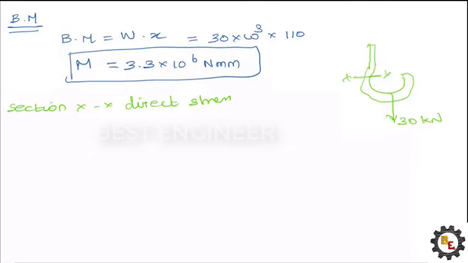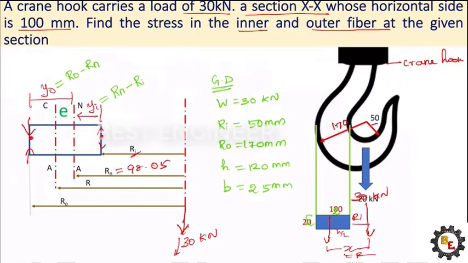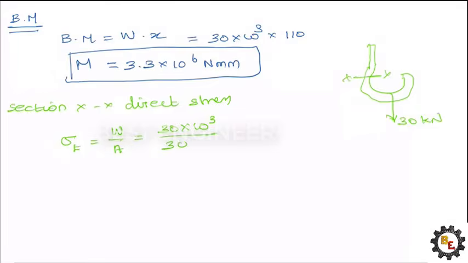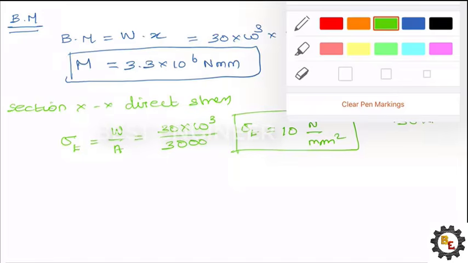Direct tensile stress sigma equal W divided by A. The load is 30 into 10 power 3, and the area we found is 3000 millimeter square. So sigma tensile equal 10 Newton per millimeter square. This is the direct stress acting in this curved section.